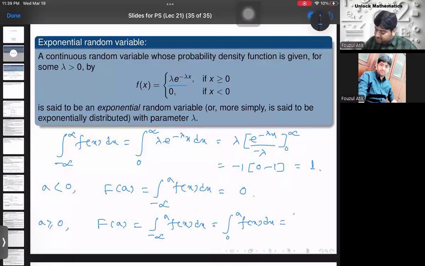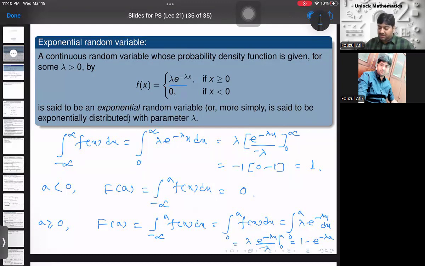So in this range, it is the integral from 0 to a of lambda e to the power minus lambda x dx. Lambda can be taken out, then e to the power minus lambda x divided by minus lambda over the interval 0 to a. If you calculate, the minus 1 is outside, if you put in a it will be minus lambda a, and if you put in 0, finally you get 1 minus e to the power minus lambda a.